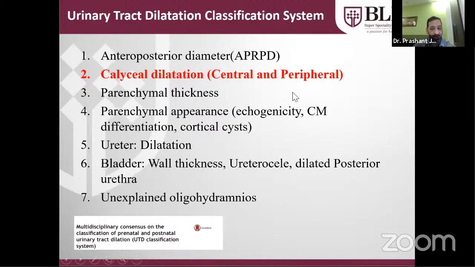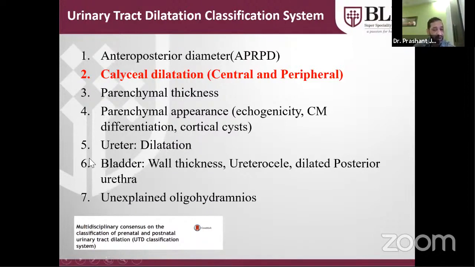It can tell us about the echogenicity. It can tell you about the corticomedullary differentiation and also about the presence of cortical cysts. Normally, the parenchymal echogenicity is the same as the echogenicity of the liver or spleen. But if it is brighter than the liver, then we call it hyperechoic, and it is suggestive of some sort of dysplasia in the kidney.